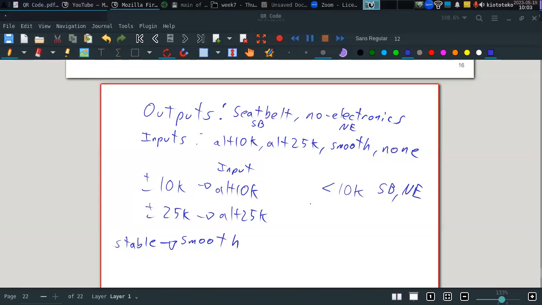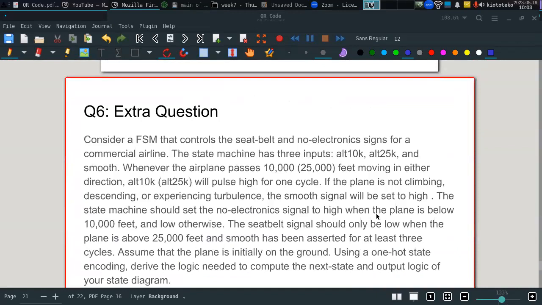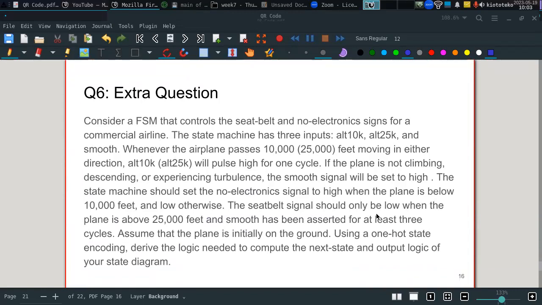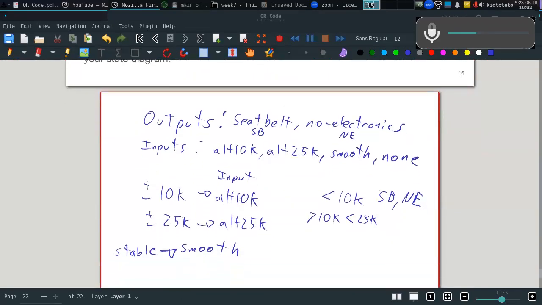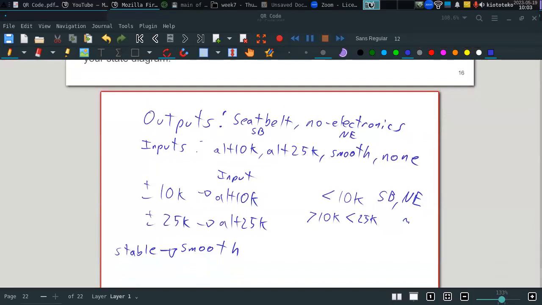But when it's greater than 10K and lower than 25K, the no electronic sign will be now low, no? But the seatbelt will be on.